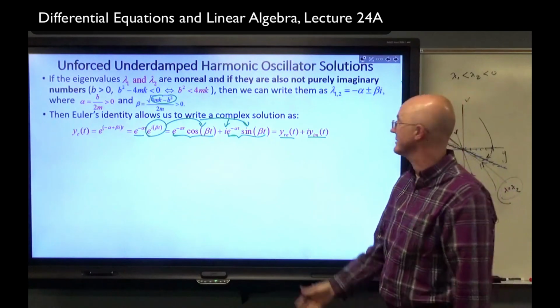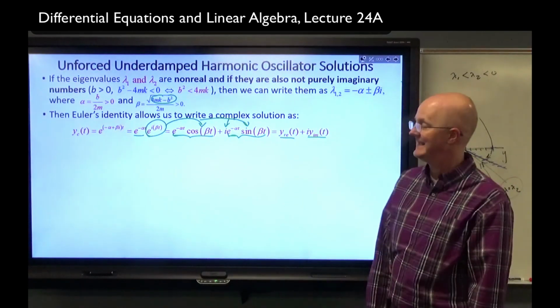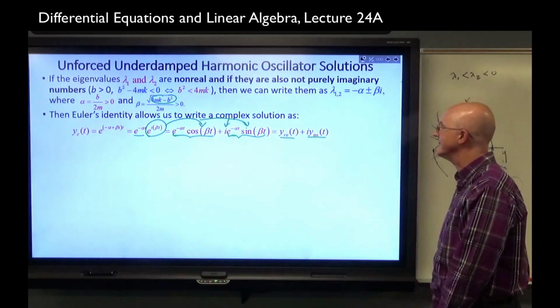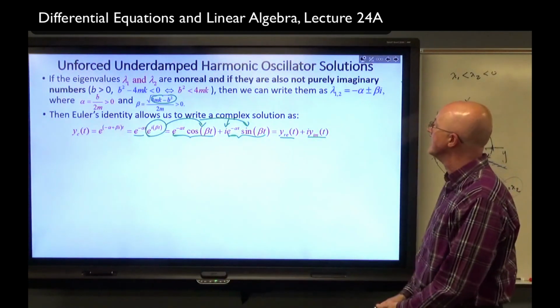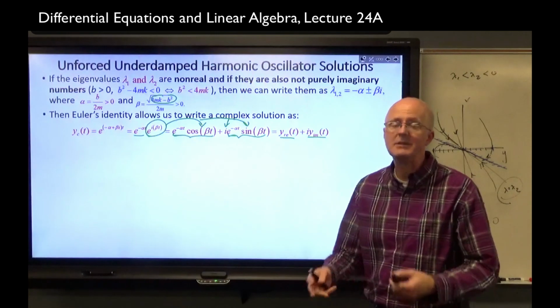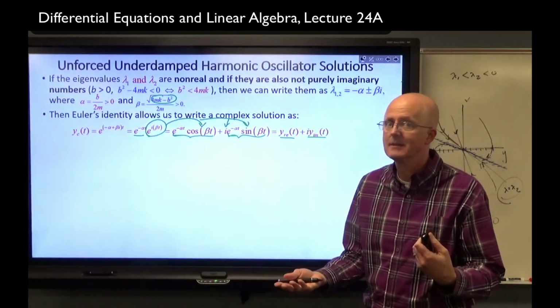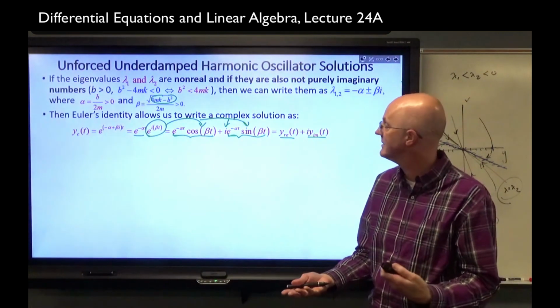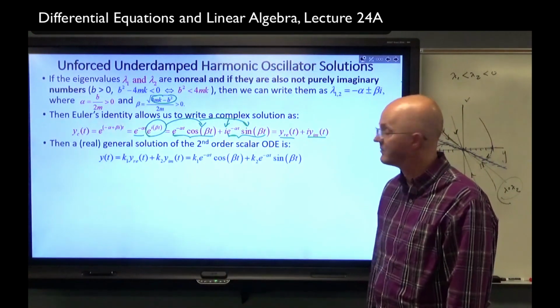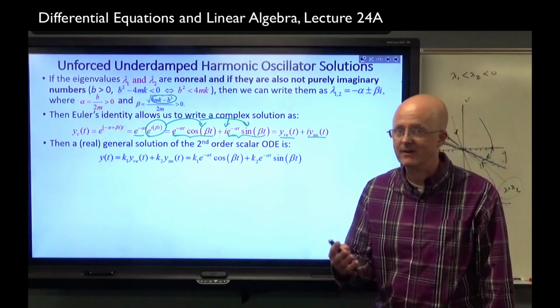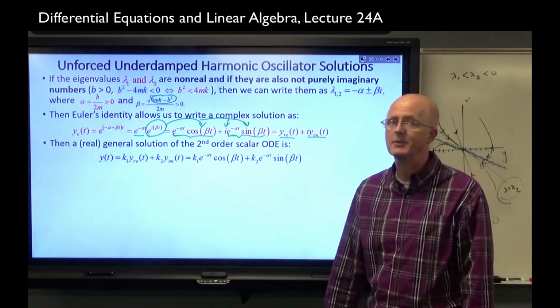They are real numbers that are just next to the i in the complex quantity. And just as with the vector case, those two real functions will be two linearly independent solutions of the differential equation. And a general linear combination of them will be a general solution. That takes verification. We verified it for the vector case last time.